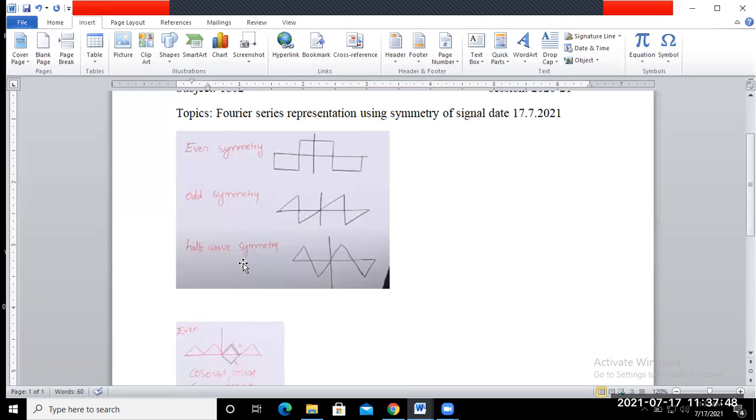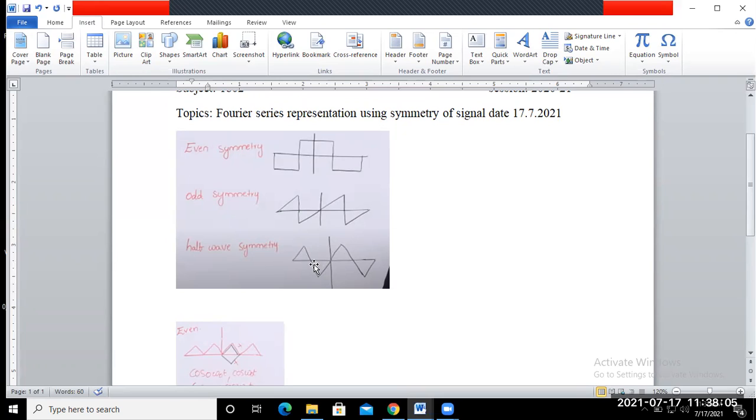Now, consider this third figure, which has half wave symmetry. Half wave symmetry means that if you shift the signal by half the time period and take the reverse, it will be synchronized with the original signal.